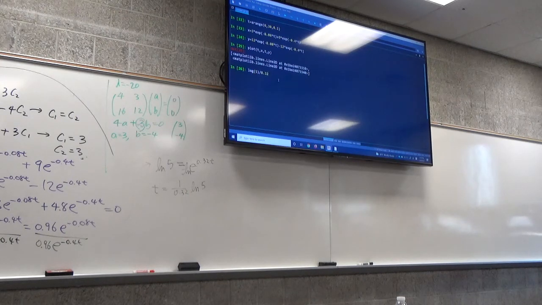In Python, the regular ln is just log, and if you want log base 10, you need to put log10. Okay? So this value gives you 5.03. So 5.03 minutes is about the time when it reaches the maximum.